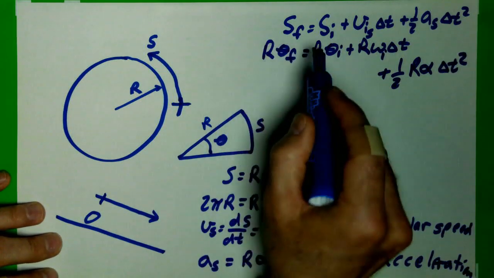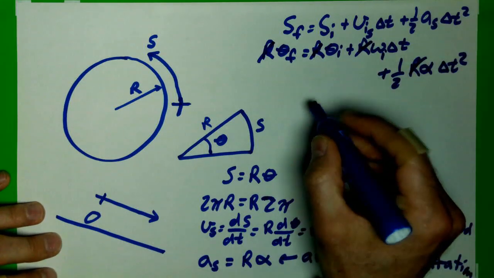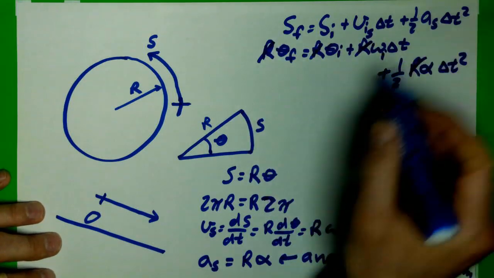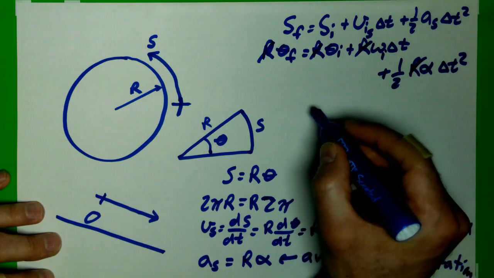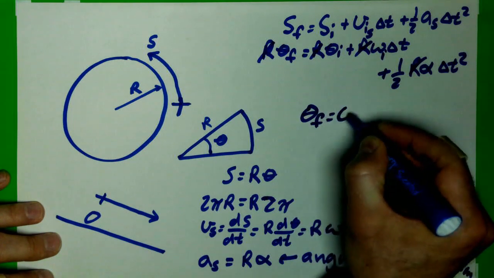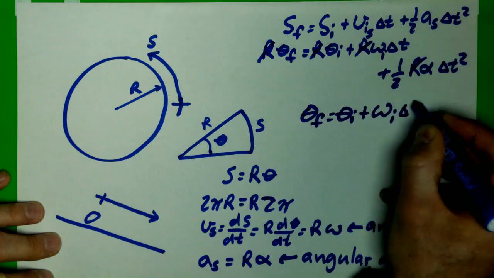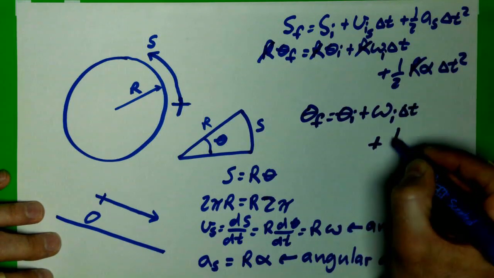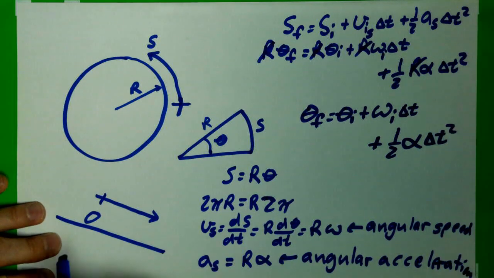I find r in each of these terms so they can cancel. I'm left with a similar kinematic equation, but now in terms of theta, angular speed and angular acceleration: theta final equals theta initial plus omega initial delta t plus one-half alpha delta t squared.